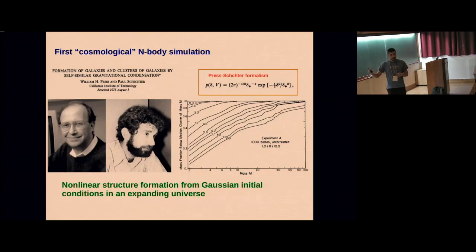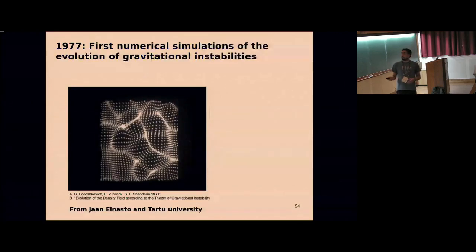I think it is one of the foundations of our analytic understanding of how structures assemble in the universe. In parallel, in the Soviet Union there was also work done by Doroshkevich, Sunyaev, and Zeldovich, I believe, where they were also doing simulations of the collapse of different random waves.